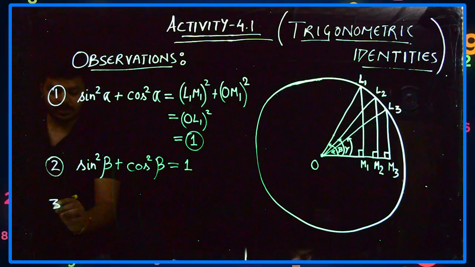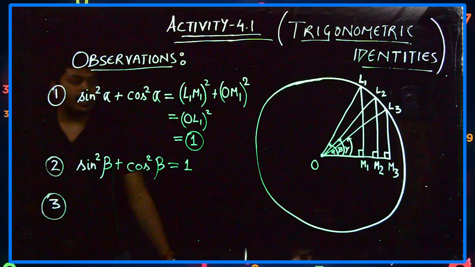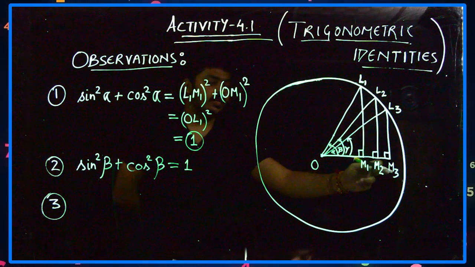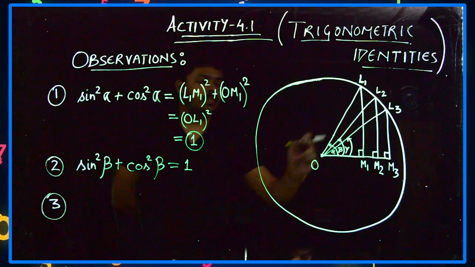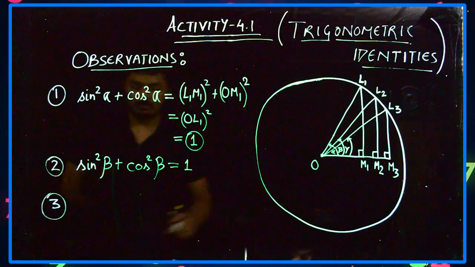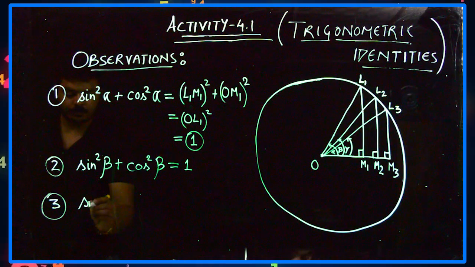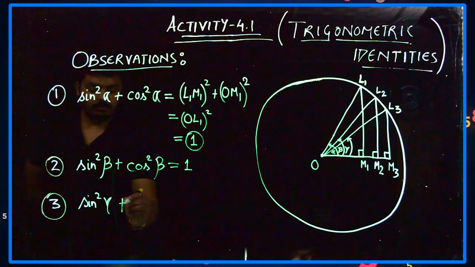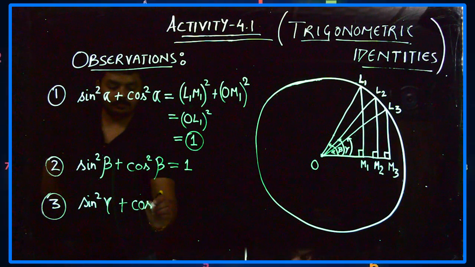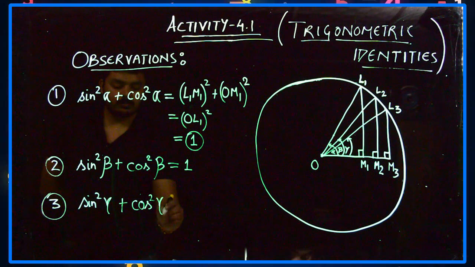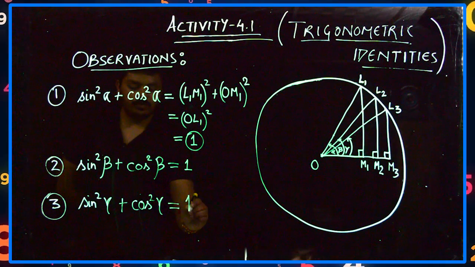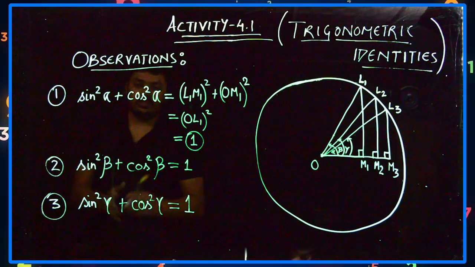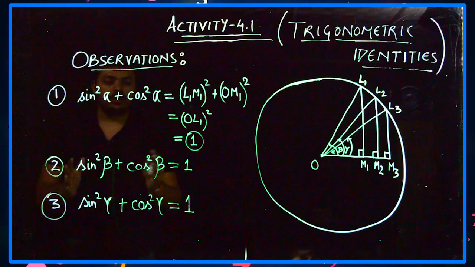Similarly, for the third right angled triangle OL3M3, which is right angled at M3, and the angle L3 O M3 is gamma, sin square gamma plus cos square gamma is equal to 1. So these are the observations for the given activity.